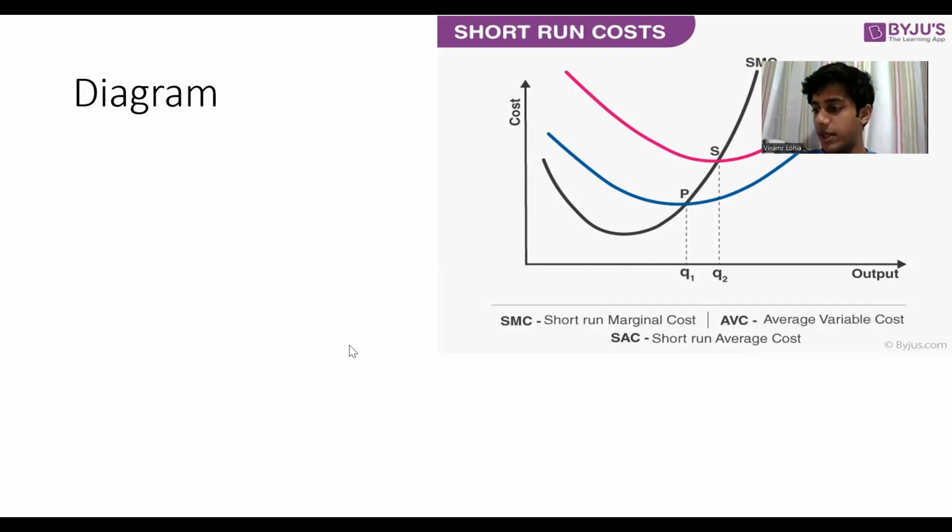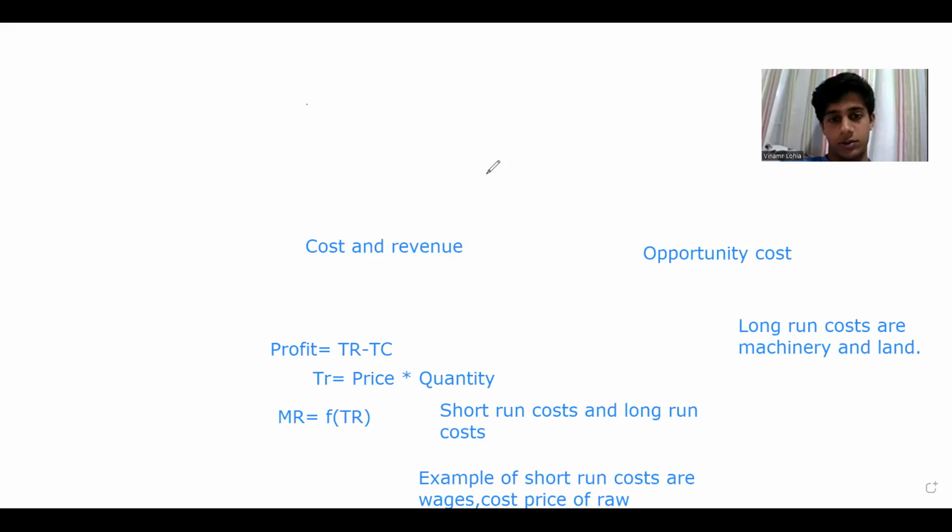No, I'm guessing. I'm not sure. One second. Average cost would be the total cost divided by the quantity, right? Correct.